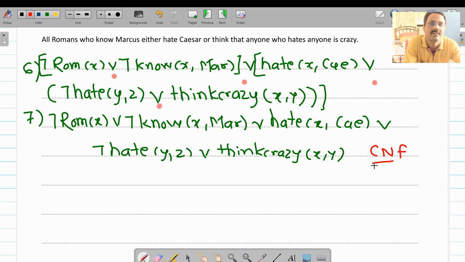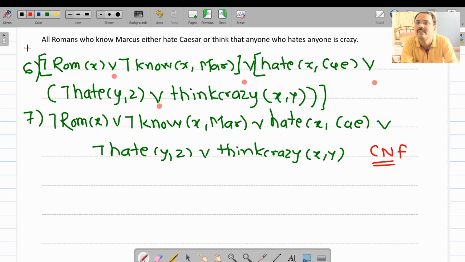CNF. This is the required form, because now step number 8 is consider each conjunct as a separate clause. Now here there is only one conjunct. All are connected by ORs. Had it been something like this, such a term and some other term, then we would have applied step number 8. So since step 8 is not applied, step 9 will not come in the picture, because step 9 is, if one clause results in more than one clause, then you standardize variables.